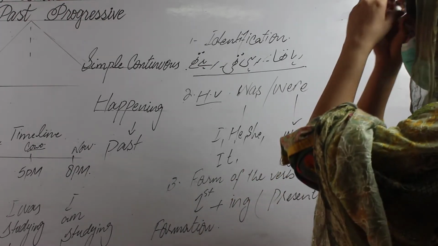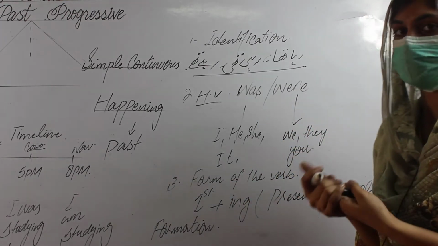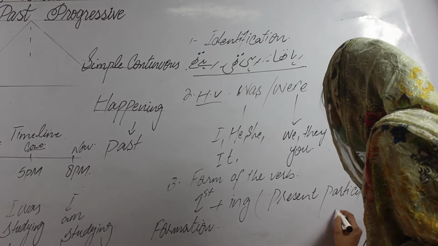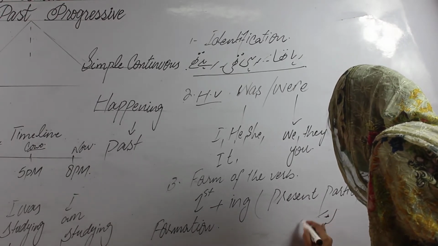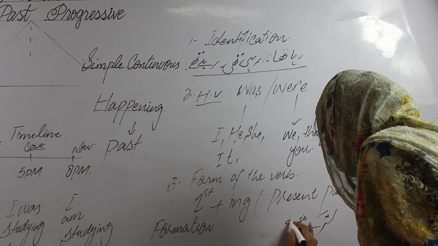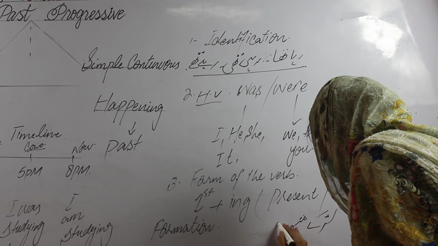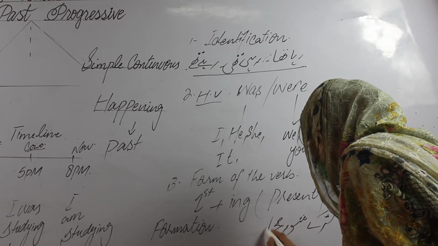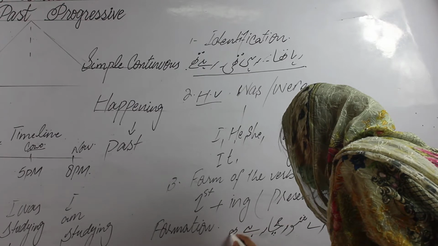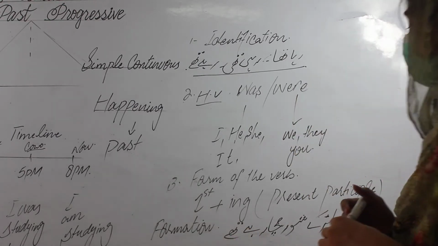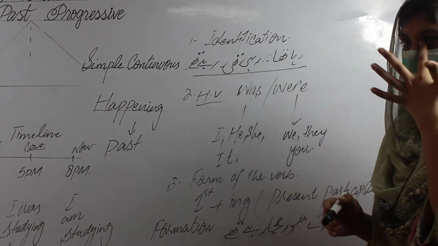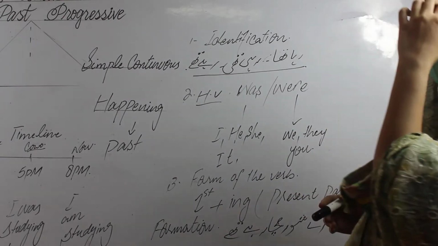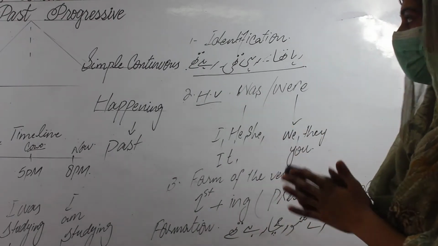Formation: how can we form a tense? For example, in the Urdu statement we can say, ladke shor macha rahe the. First of all, identify whether this sentence is past continuous and this tense is past progressive.